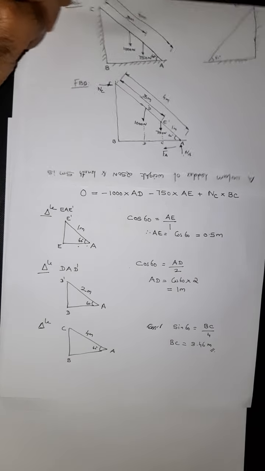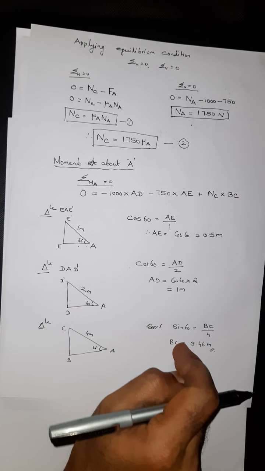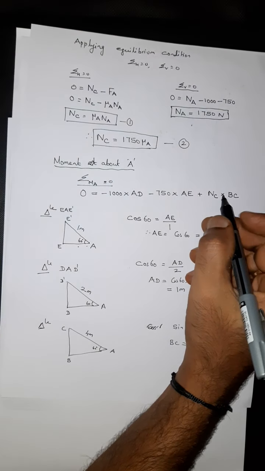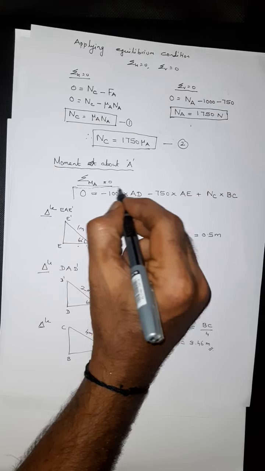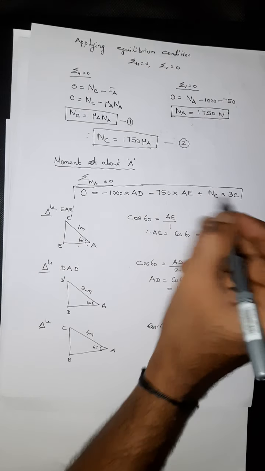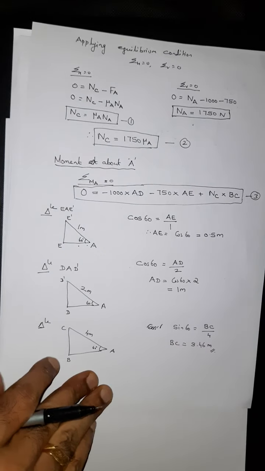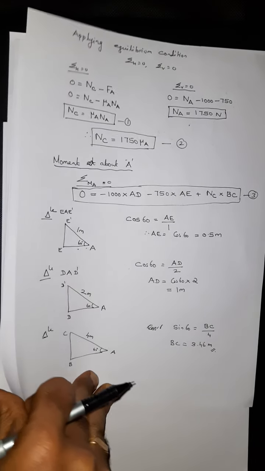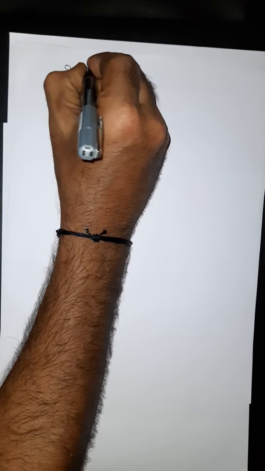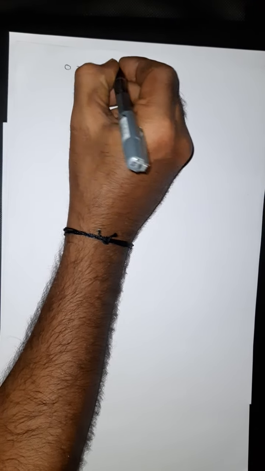Now substitute these values in this equation, that is equation number 3. 0 equal to minus 1000 into AD.